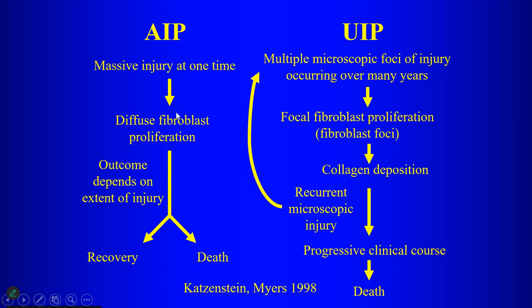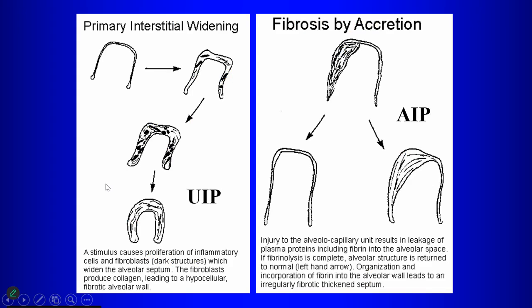Whereas with AIP, there's massive injury at one time, as with ARDS, and that can then transition to a fibrotic phase, as we've gone over with ARDS also. So it's one episode of injury. And the difference in terms of the fibrosis that you see is also different. With UIP, the fibrosis is interstitial. So there's interstitial thickening as the fibroblasts accumulate in the interstitium and cause fibrosis.